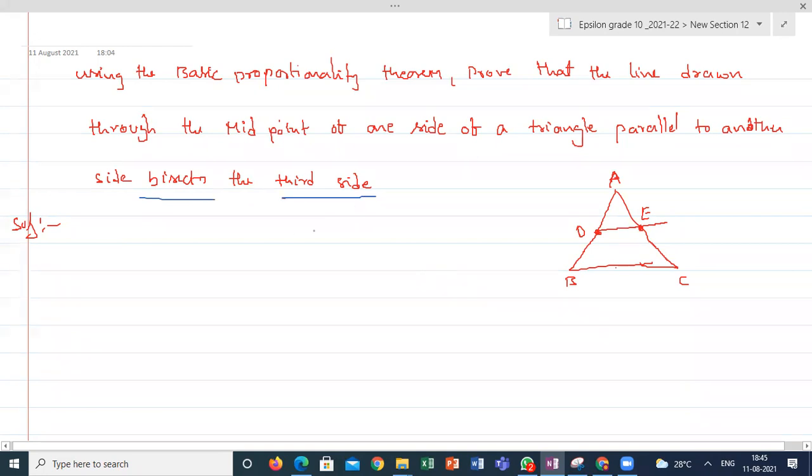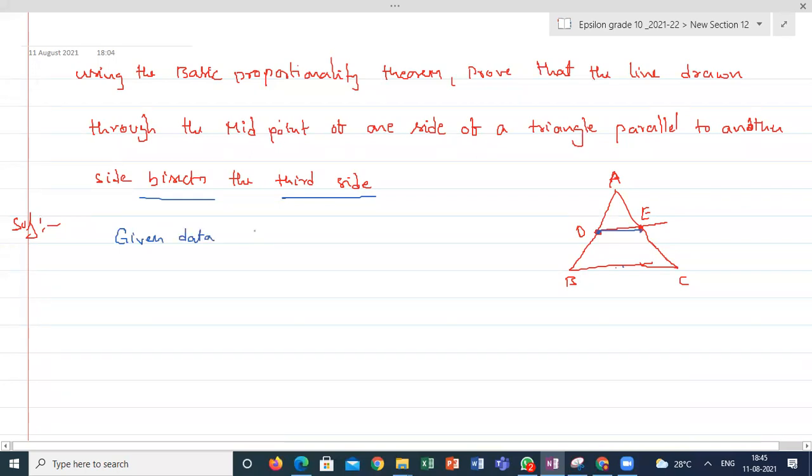Yes, sir. One side I am taking the midpoint. I am drawing a line parallel to the second side, and it is bisecting the third side. That bisecting of the third side I have to prove. So the given data is what here? Given data is 2 points.